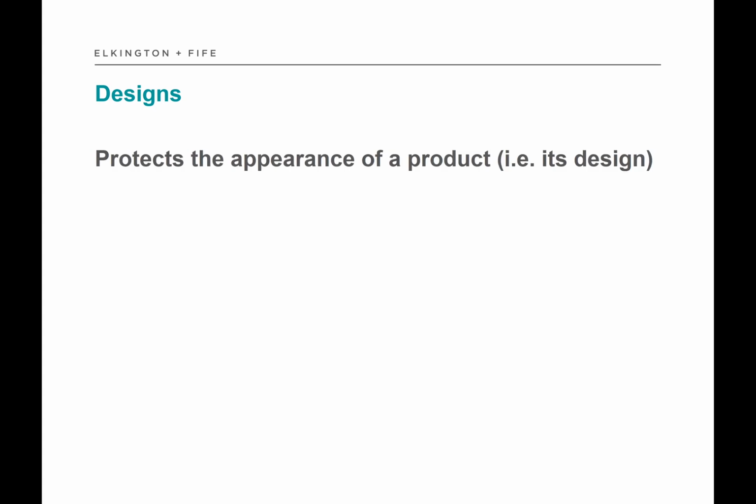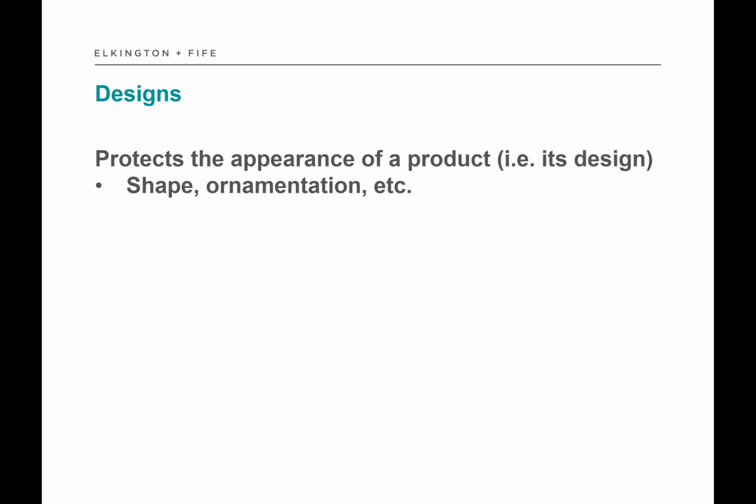So moving on to something that's probably a lot more product focused, and it's something that you might already use, and that's design right protection. What it covers is the appearance of a product. So what I mean by that is its shape, its ornamentation, in some cases the surface decoration of the shape, and the kind of places we see this are housings for components.